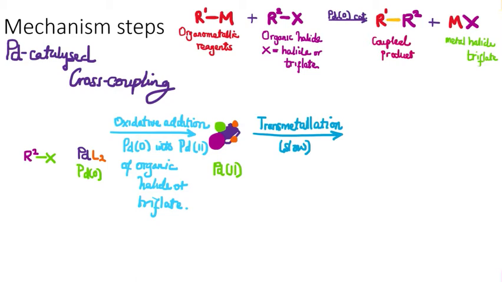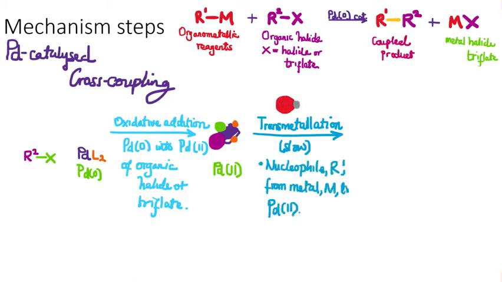In this step, where we have transmetallation, which is a slow step, we have a nucleophile, R1, from the organometallic M, and this will be introduced into that particular complex, thereby kicking out a good leaving group, which in that case is the halide.